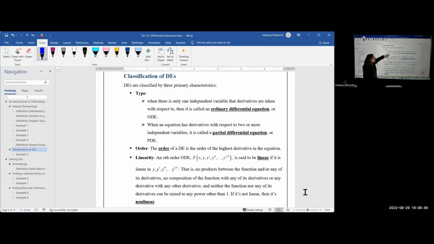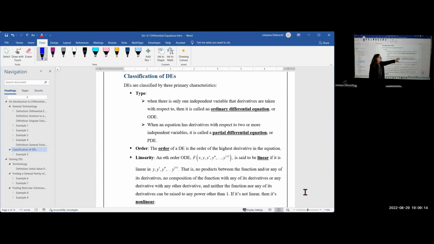There are 2 basic types, and these correspond to the 2 courses in differential equations in undergraduate mathematics. There's what's called an ordinary differential equation, which is when there's only one independent variable that derivatives are taken with respect to. So if you only ever take the derivative with respect to x, then we would call it an ordinary differential equation.